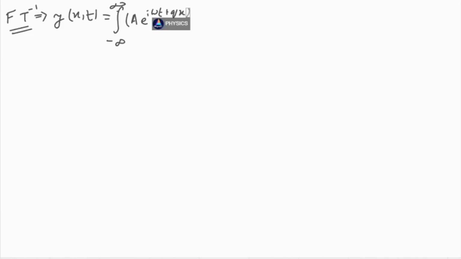Let's apply Fourier inverse. So we get y as a function of t to be the integral from negative infinity to infinity of y tilted. So y tilted is nothing but a e to the i omega t plus qx, right?